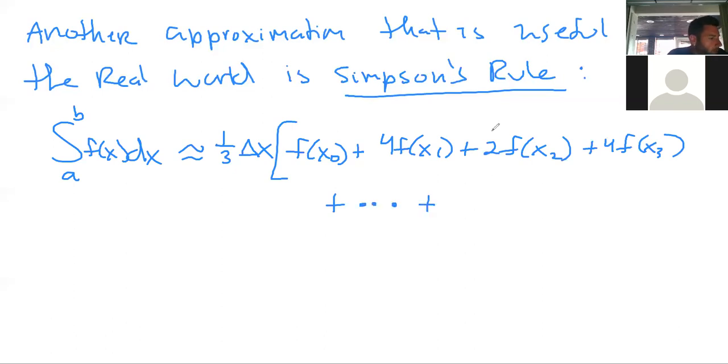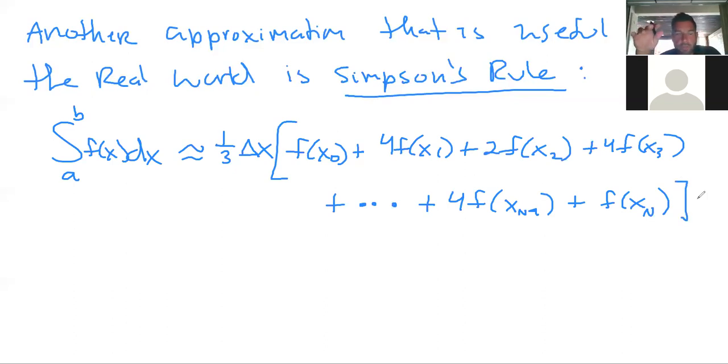So this pattern's a little more sophisticated, but it's very symmetric. Once again, the first and last guy do not have a coefficient in front of it. And the guys in the middle all alternate between 2 and 4. Notice the first one is 4, then 2, then 4, and it alternates.